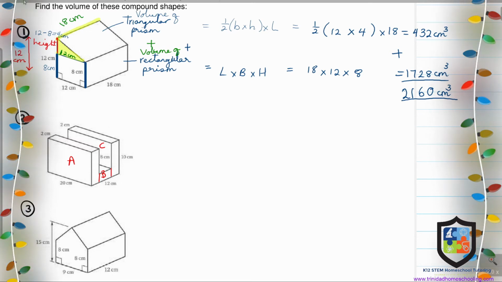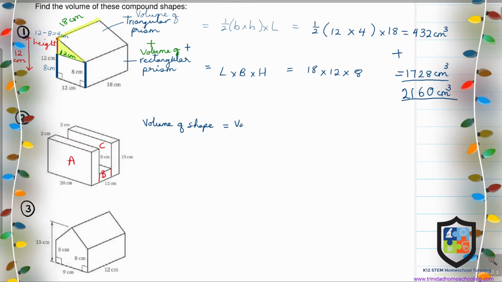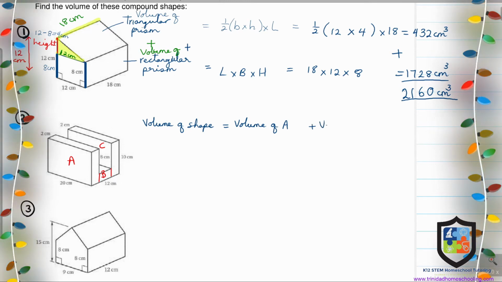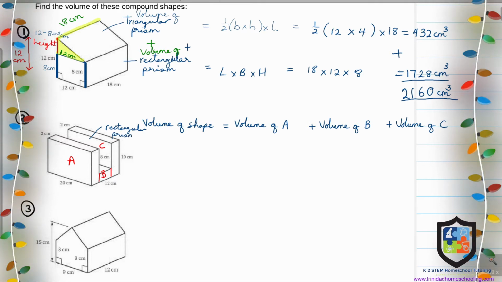To find the complete volume of this, the volume of the shape is going to be equal to the volume of shape A plus the volume of shape B plus the volume of shape C. And these shapes are rectangular prisms. Okay, so this is how we know which formula we're going to use.